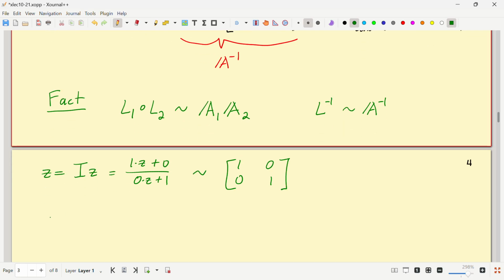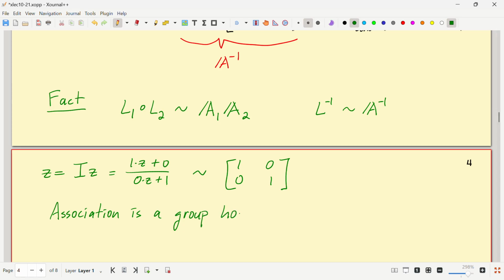So this association is a group homomorphism. It's kind of cool. I should say, into the group of 2 by 2 complex matrices with determinant non-zero.